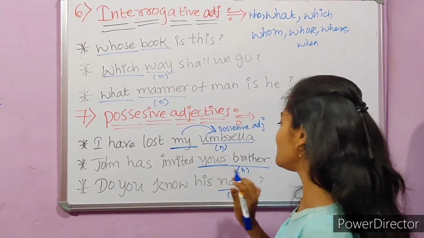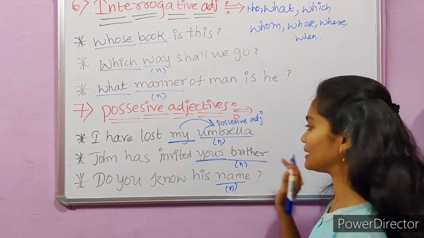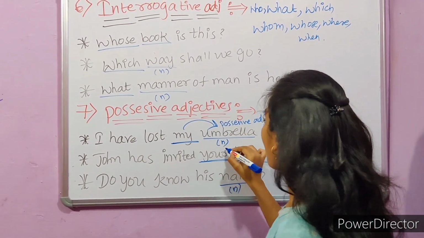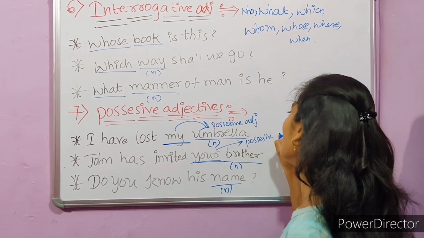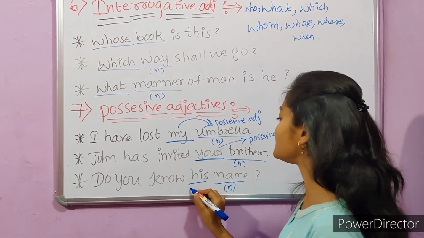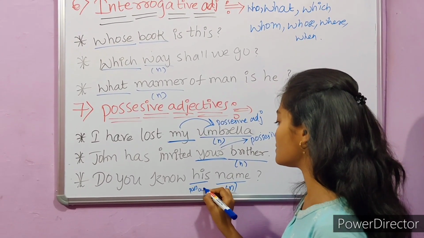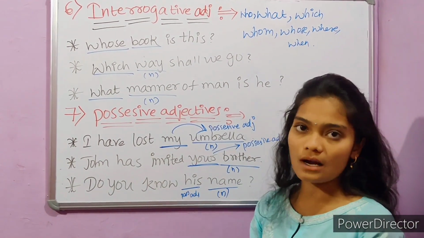Your. In this sentence, the word your describes the noun brother. And here it acts as a possessive adjective as it shows ownership. And in this sentence, his is a possessive adjective. Basically, my, your, his are pronouns.